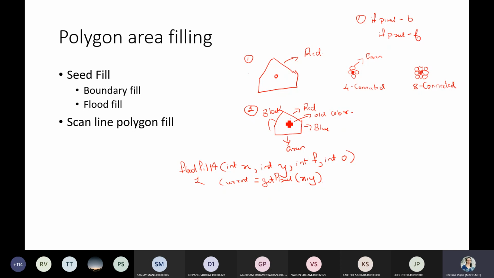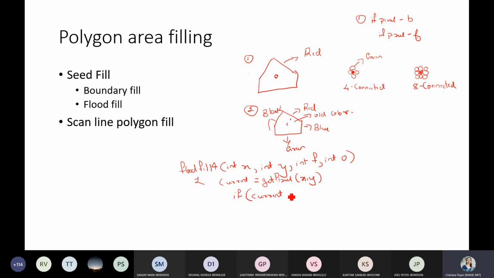You select that particular pixel and set the color. So we'll go the other way around. The algorithm works like this.